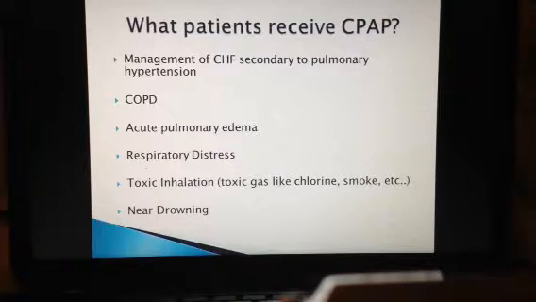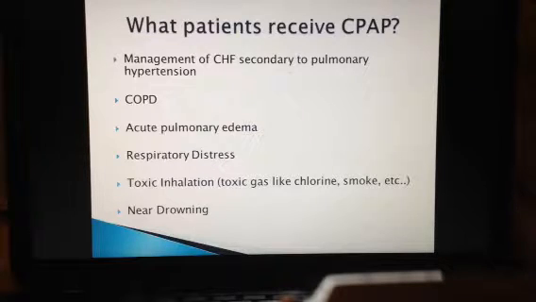So now let's talk about a few of the patients that would receive CPAP. And most of these patients are going to be your load and go patients. So the first one would be management of CHF, so congestive heart failure, secondary to pulmonary hypertension.